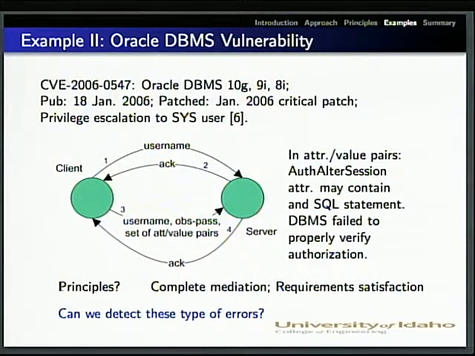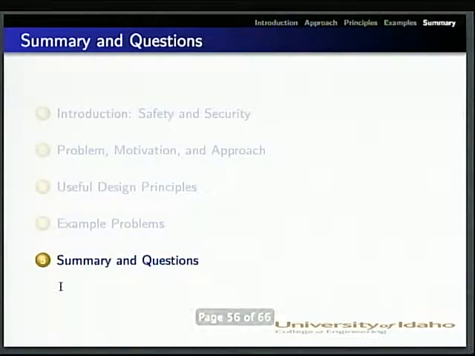Well, I believe we can. And we are currently researching at the center some techniques and approaches to try to discover these errors. I don't have the time to show you those today, so stay tuned. In other seminars we'll talk about it.